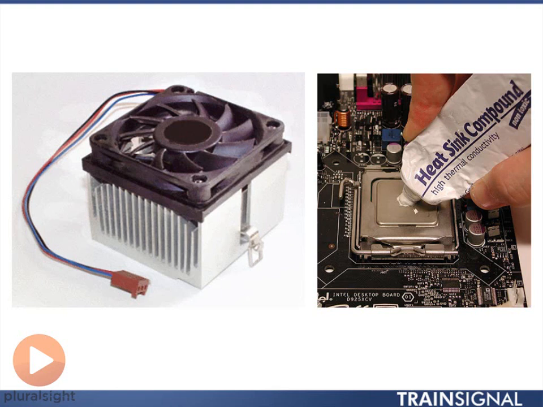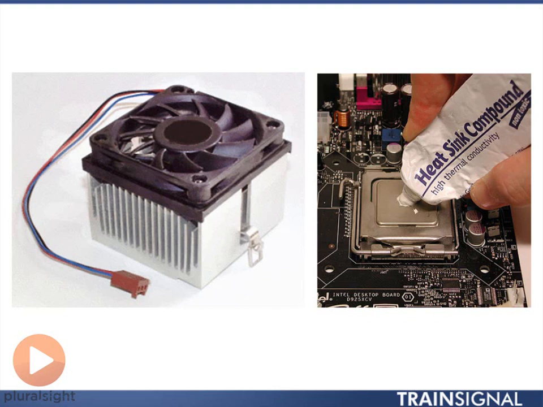And really all it is, is this compound or paste that is designed to help induce the flow of heat up into the heatsink. Again, in the old days, we used to just use a heatsink and fan. We didn't worry about the paste. Now the paste is much more important. So these three things kind of go together.